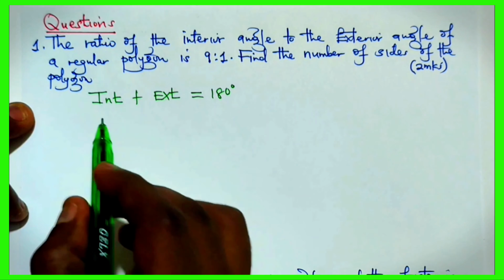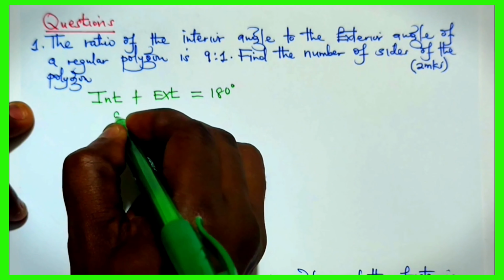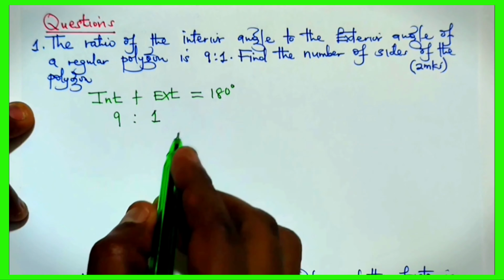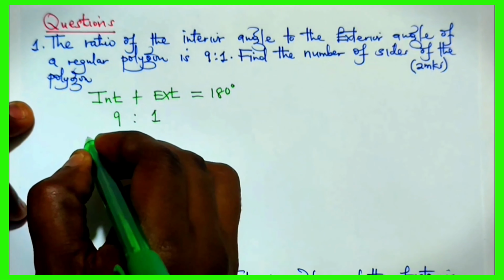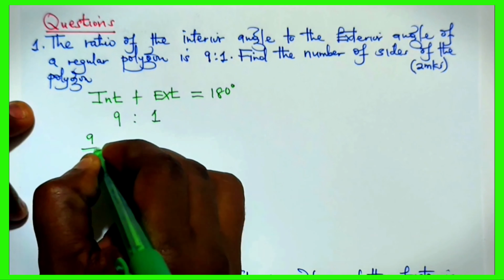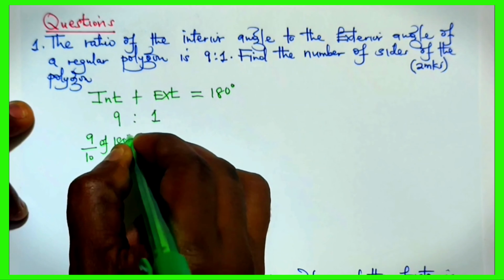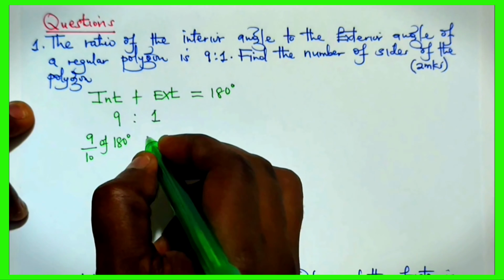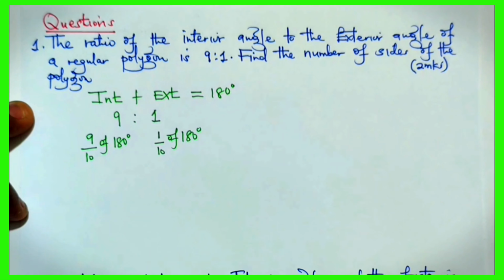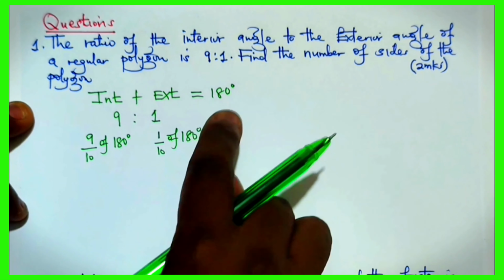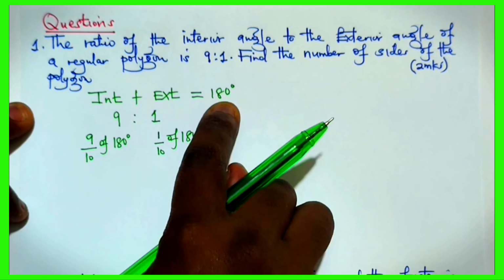And then we've been given the ratio in relation to the interior angle and the exterior angle to be equal to 9:1. And the total of this ratio is 10. So the interior angle will take care of 9 out of 10 of 180 degrees, and the exterior angle will take care of 1 out of 10 of 180 degrees, since these two angles add up to 180 degrees.